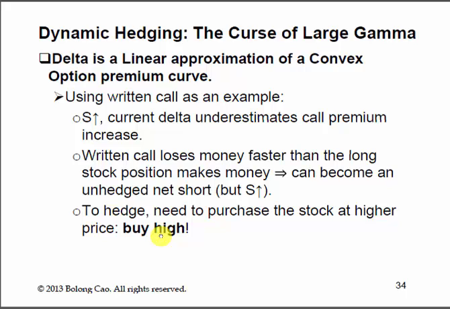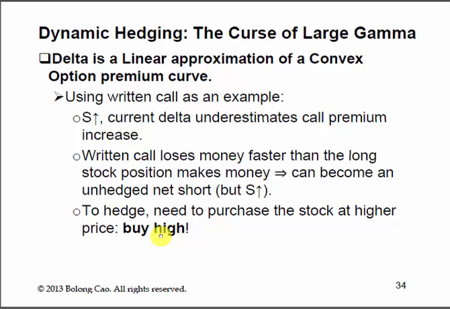To achieve this complete hedge, you actually need to buy more of the underlying than what can be given by your delta when the underlying price is going up. So the trader needs to buy high if the approximation error is big, right?